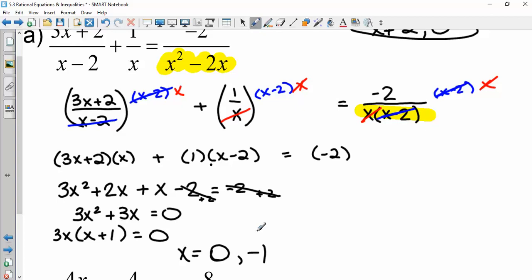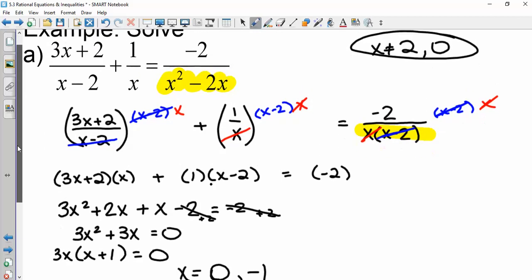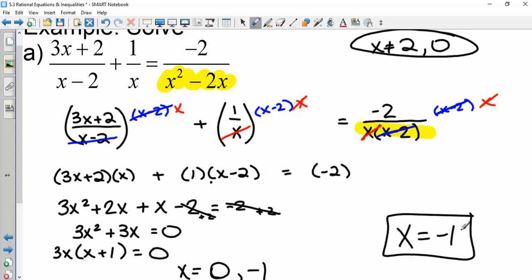I have to check them, see if they work. Can x be both of those numbers? No, it cannot be the 0, so my only answer is negative 1. So we've seen we might just get one answer on these, we might get two answers, or we could have a no solution when we're solving these.